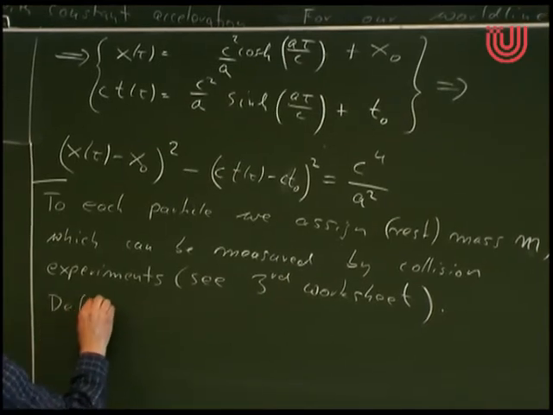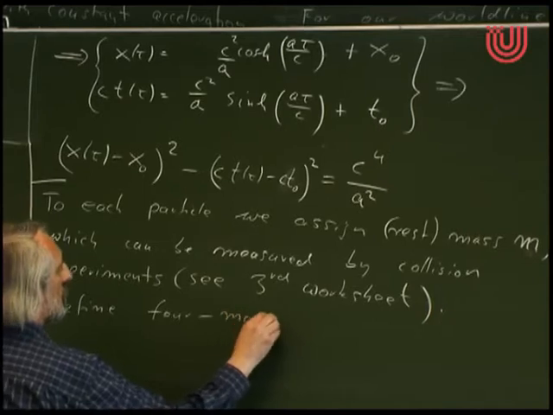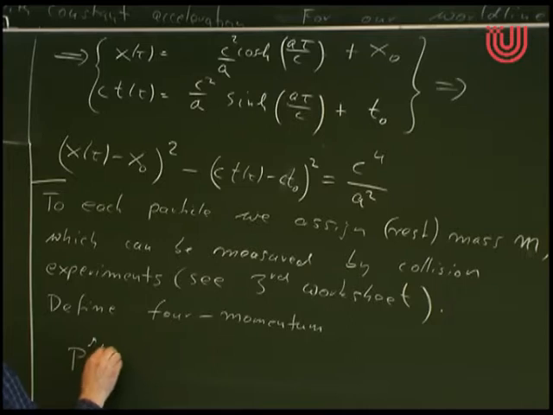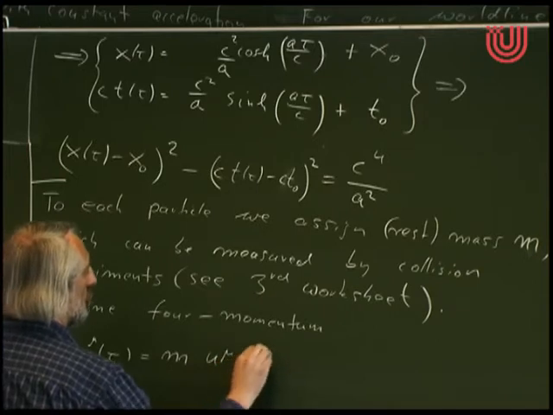Then we define the four-momentum. I denote it p mu, a small p mu. And this is just m times u mu.